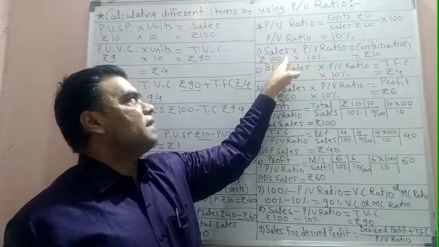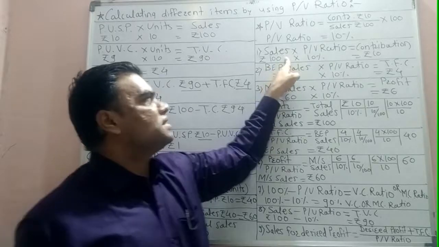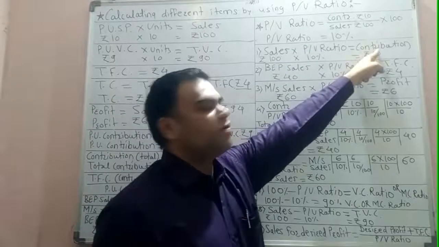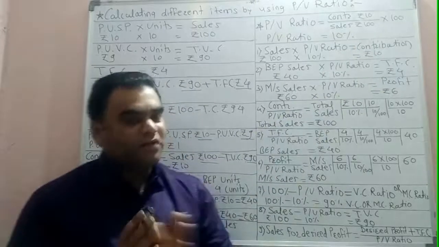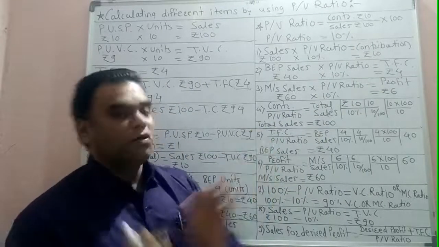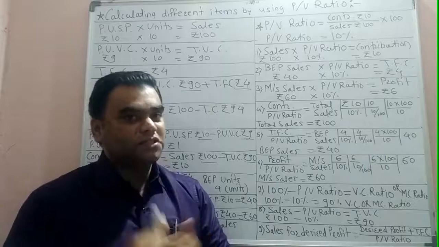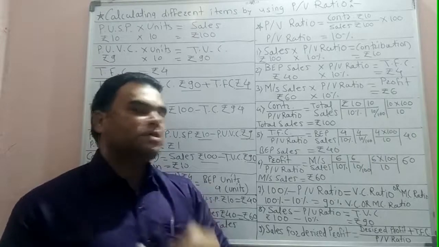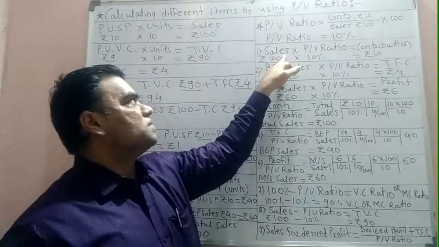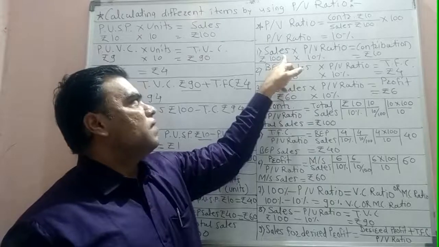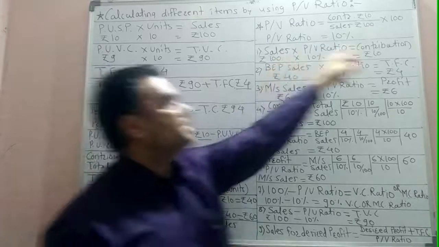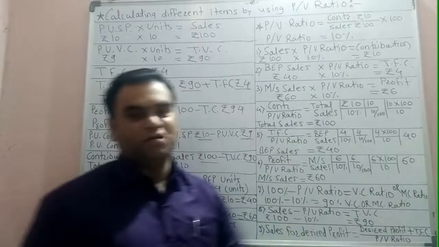So sales is 100, so 10% of 100 is 10, which is the amount of contribution.